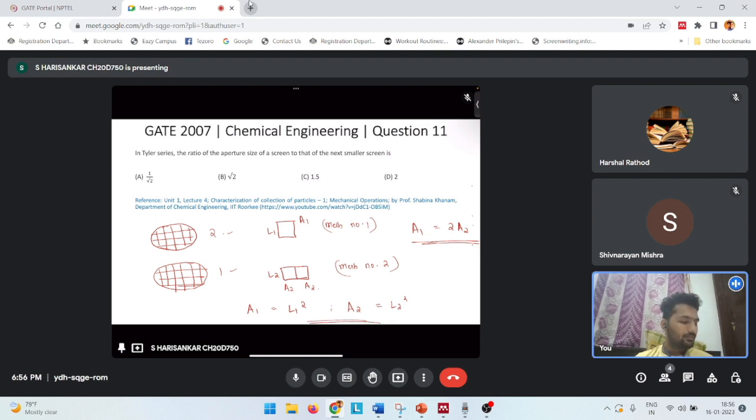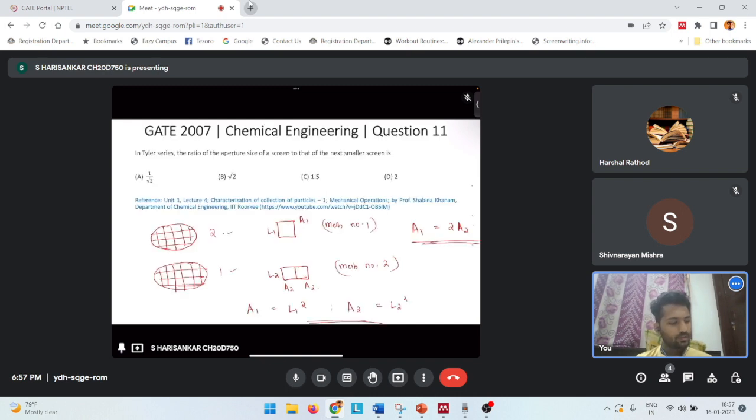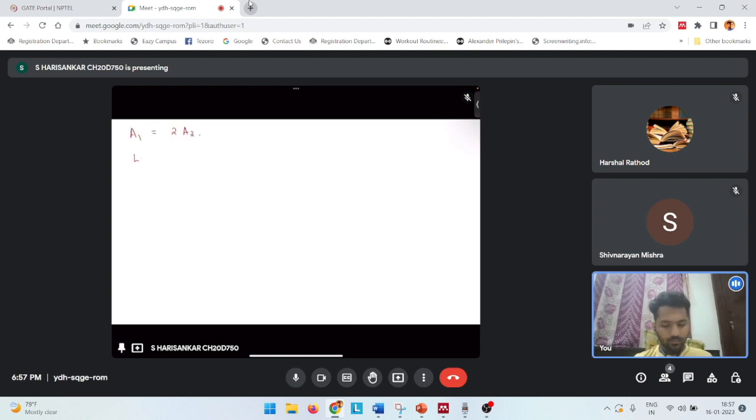So again, by Taylor series, we said that A1 is equal to 2A2. So that means L1 square is equal to 2 into L2 square, or L1 square by L2 square is equal to 2, or L1 by L2 is equal to root 2.